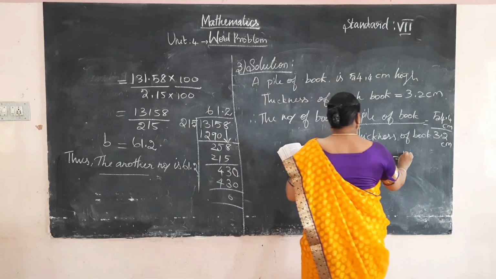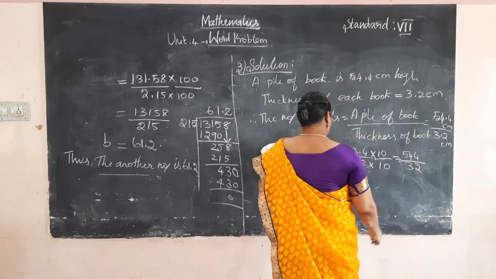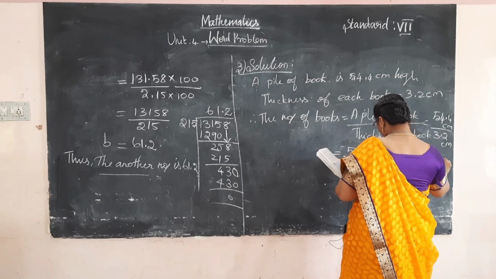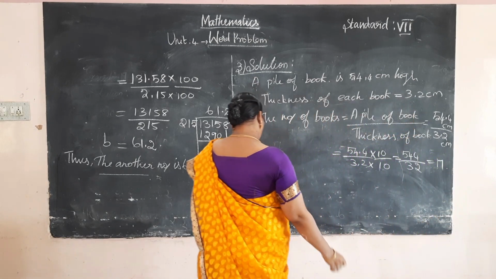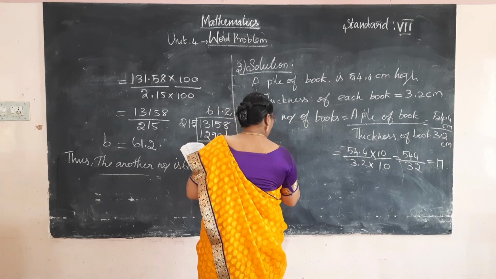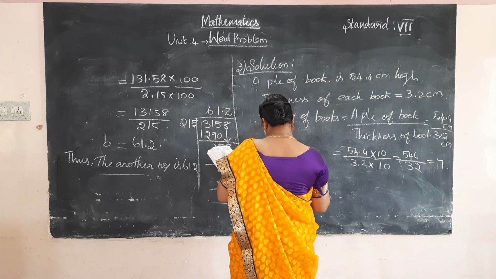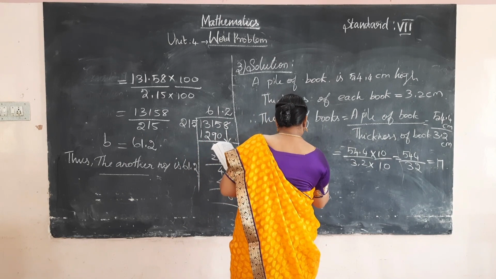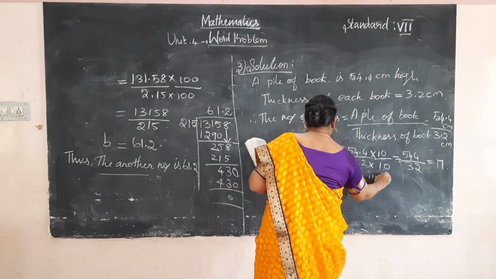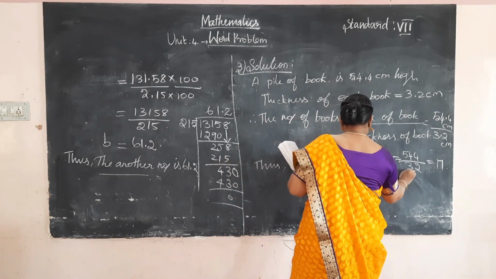So 544 by 32. 8 cancels, and we get 17. Thus 17 books are in the pile.